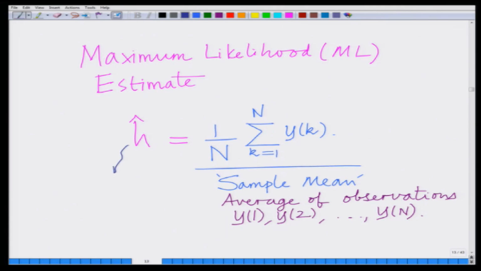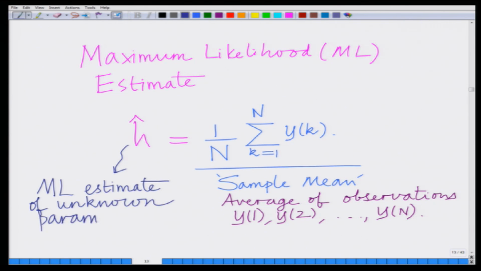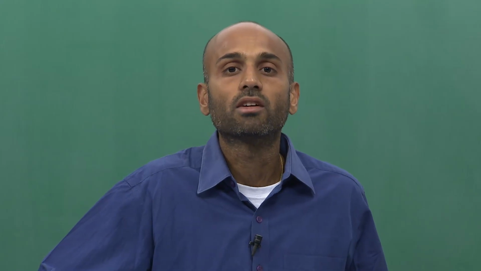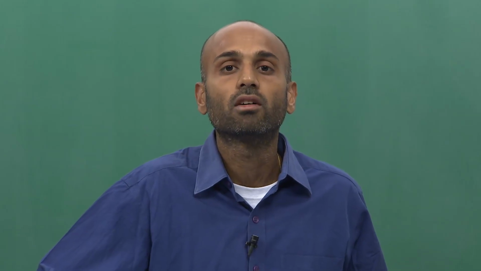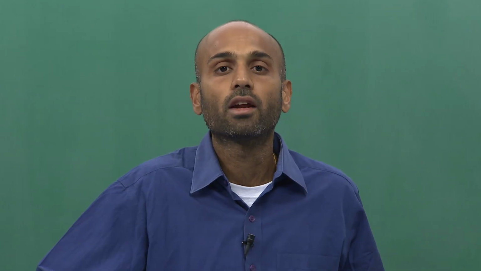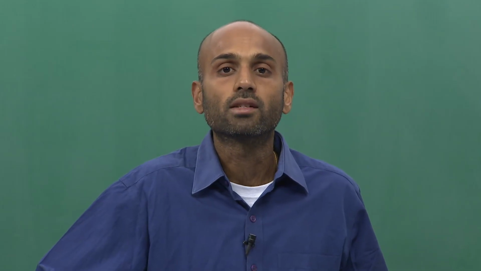This is the ML estimate of the unknown parameter h, which is given by this average, that is 1 over n summation k equals 1 to n y of k, the average of the observations y1, y2, yn, or also the sample mean.